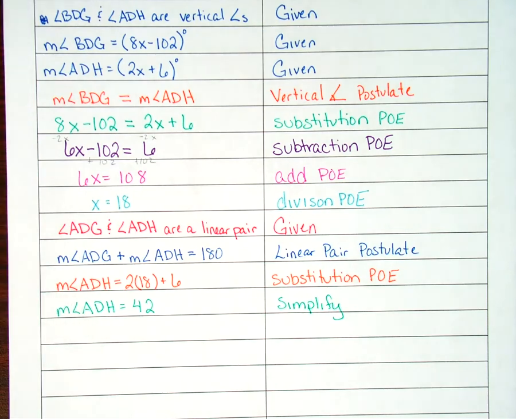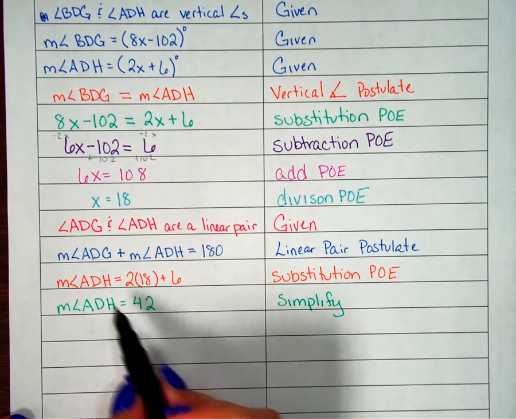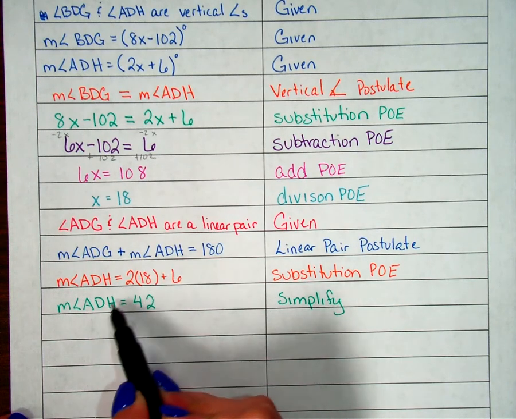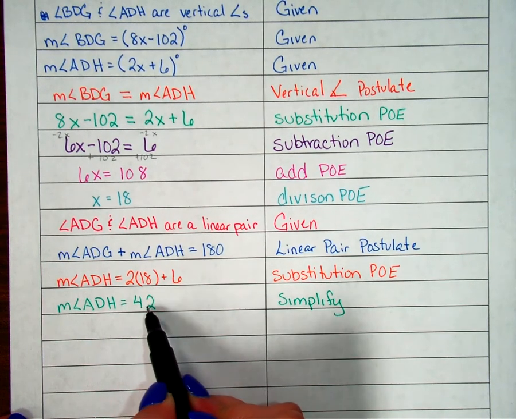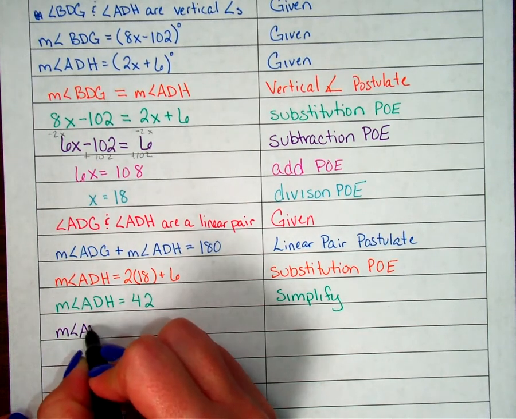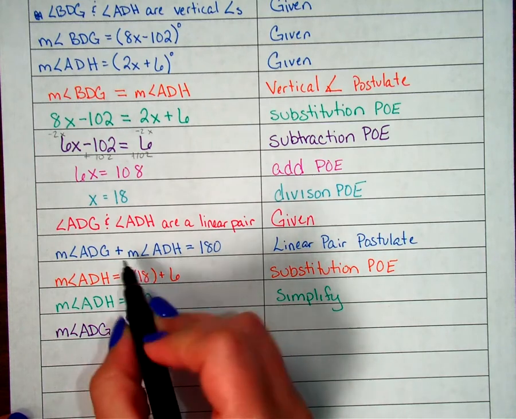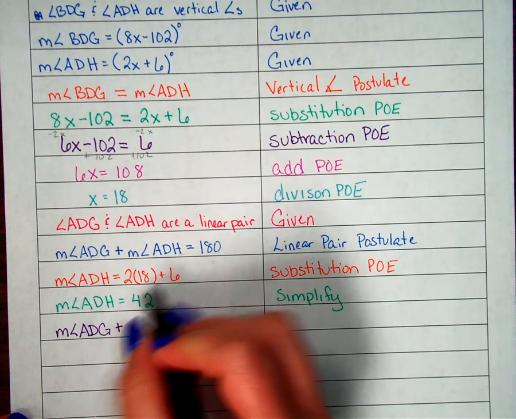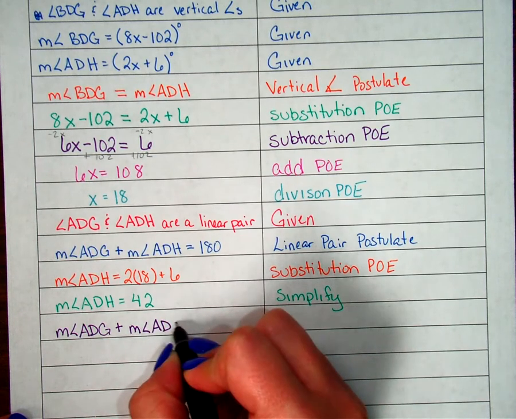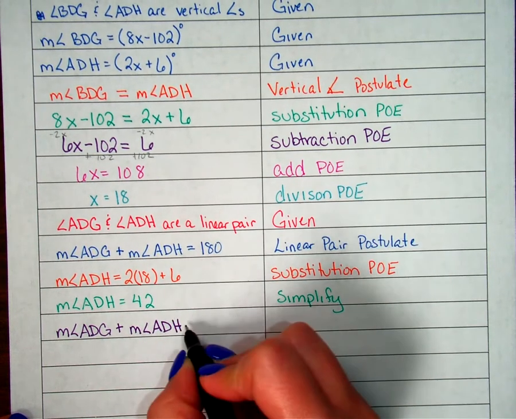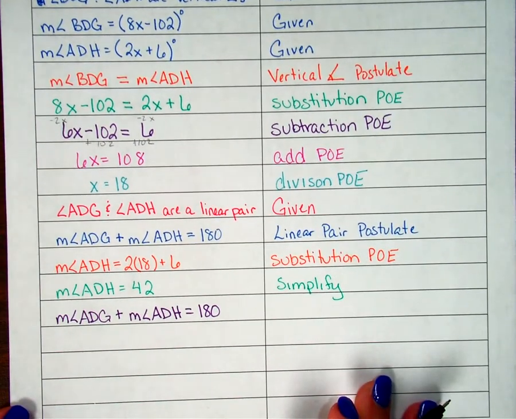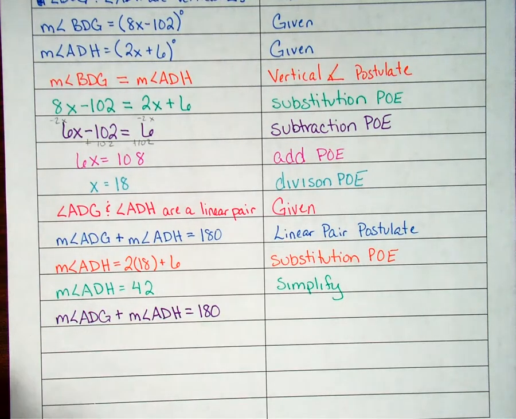So now, promise we're almost done. Now what we're going to do is take this blue one that we have up here, because now I know what ADH is. ADH is 42. So I'm going to take my measure of angle ADG plus the measure of angle ADH, and I know that equals 180. Oh, sorry, I messed up here.